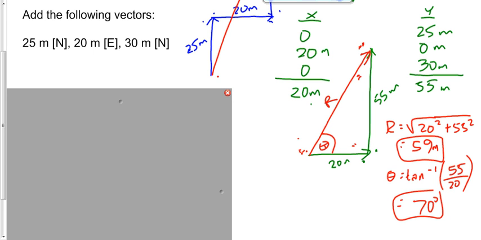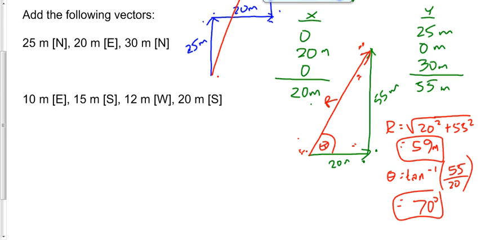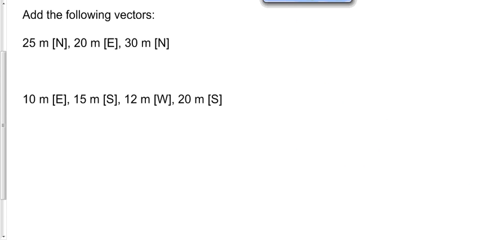All right, let's do another example here, and then we'll set you free on a couple of questions. Can I erase that? This one says we want to add 10 meters to the east, 15 meters to the south, 12 meters to the west, 20 meters to the south.